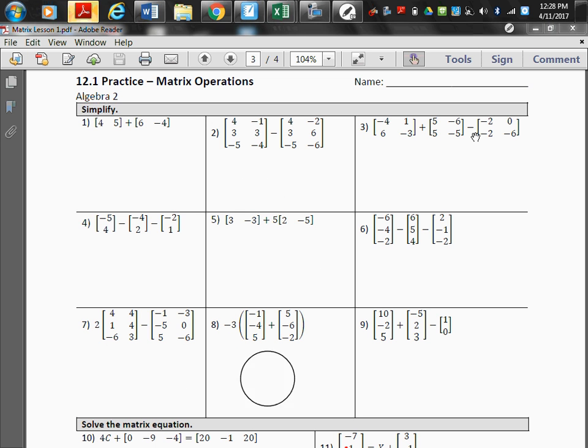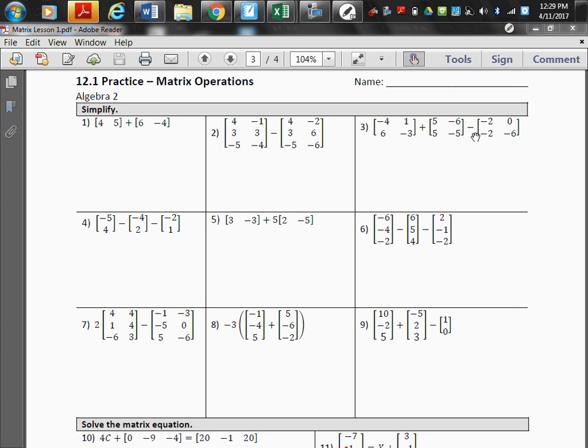Alright, any questions? Can we do number 9? No. Because they're not exactly the same. You cannot add them or subtract them if they don't have the exact same name.